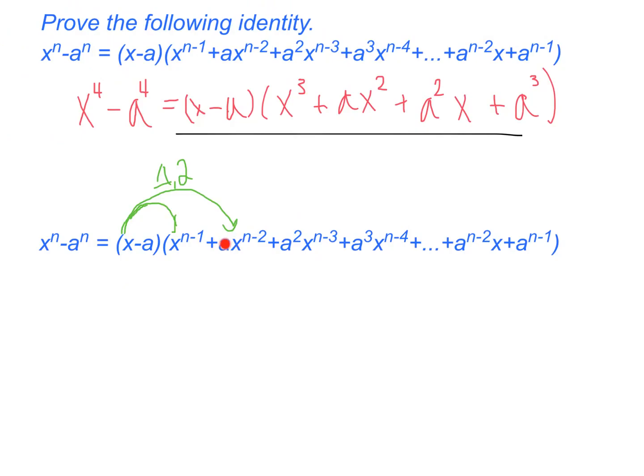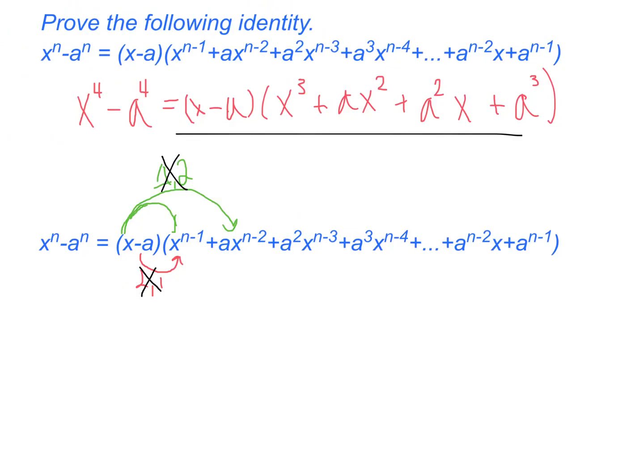That's going to be ax to the n, not minus 2 because I'm multiplying by x, so it'll be x to the n minus 1. So it's going to cancel with something that is negative ax to the n minus 1. And that will come from taking the second term in my binomial and multiplying it by the first. So I'm going to say this is 2 comma 1, right? The second term in my binomial multiplied by the first term, and those are going to cancel each other.